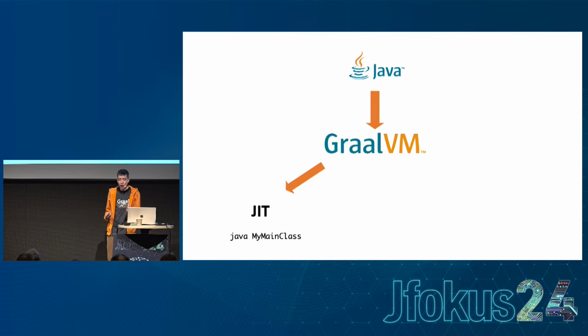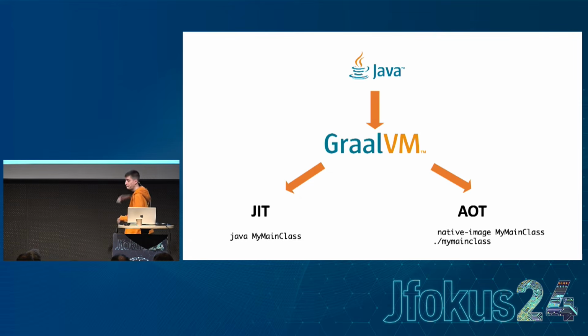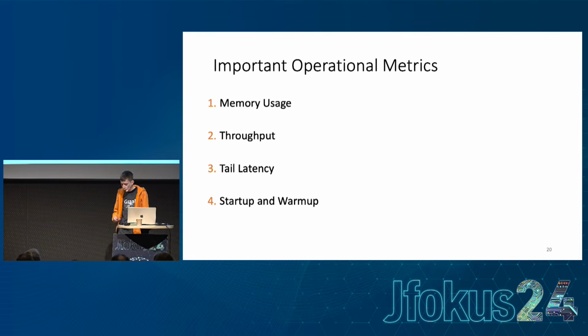And that's why in GraalVM, you can not just take a Java class and run it in JIT mode. You can do that as well, but you can create a native image out of it, which is a self-contained binary, and run it. Now, why would you care about this? Or what are the operational metrics that you would optimize for if you do this?